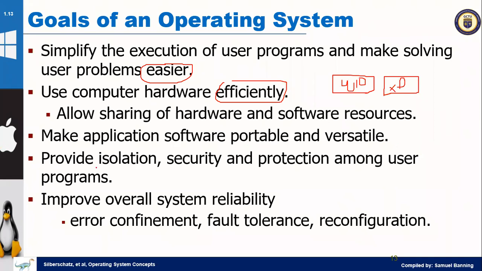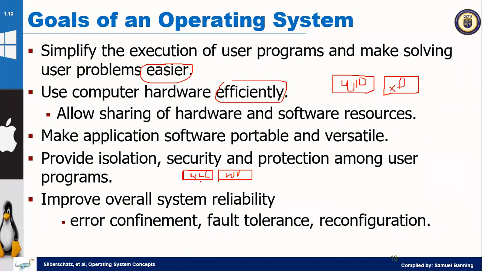It also provides isolation, security, and protection. Now, what is isolation? You will be playing your music, and at the same time you will be doing your assignment on Microsoft Word. What is happening? This is your VLC that you are using to play your music. This is your Word document that you are using to type your document.